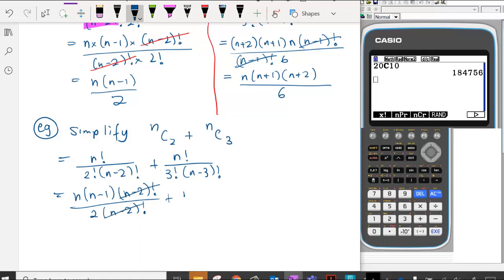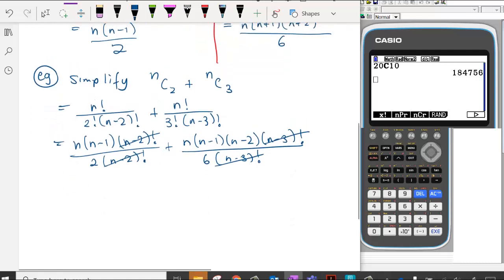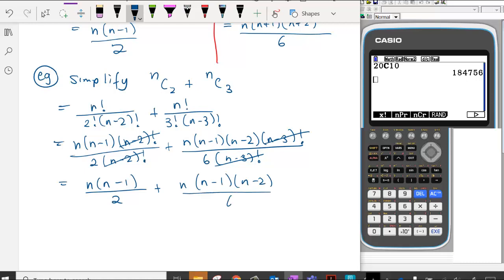And over here we've got n, (n take 1) and (n take 2), and then finally (n take 3) factorial, and it's all over 6 multiplied by (n take 3) factorial. And so again, these (n take 3) factorials cancel. So we've got n(n take 1) on 2 plus n(n take 1)(n take 2) on 6.